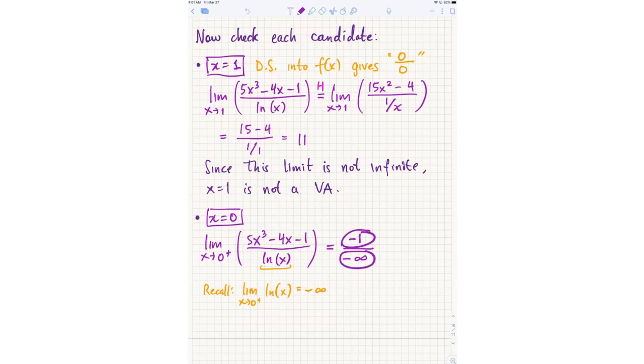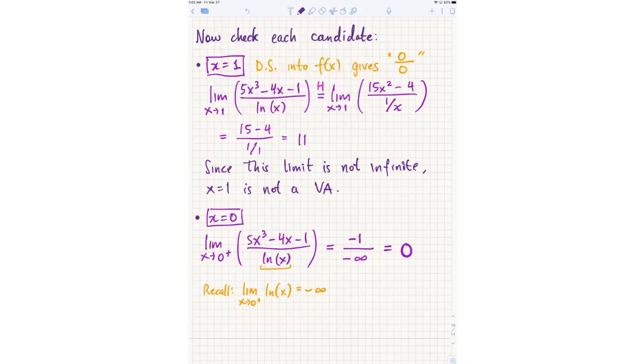It means some number, like -1 in this case, divided by a larger and larger number. If you keep dividing -1 by a larger and larger number, you eventually get arbitrarily close to 0. So a finite number over infinity always gives you 0. This limit ends up being 0.